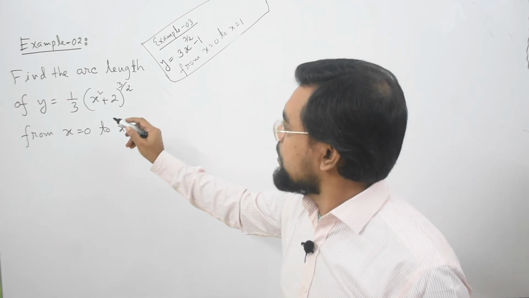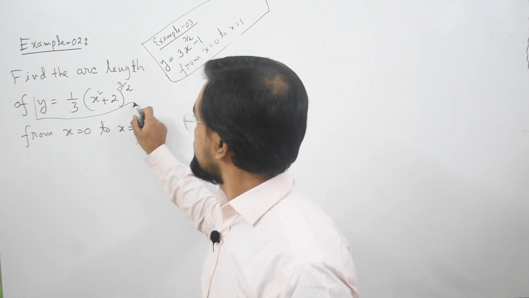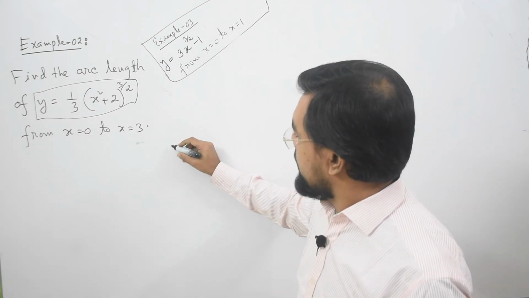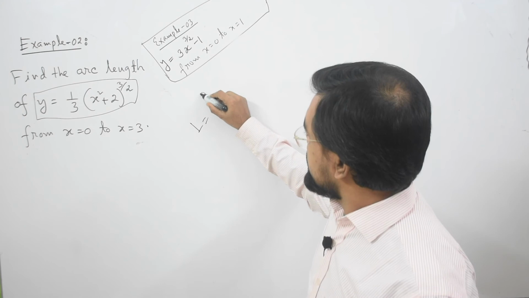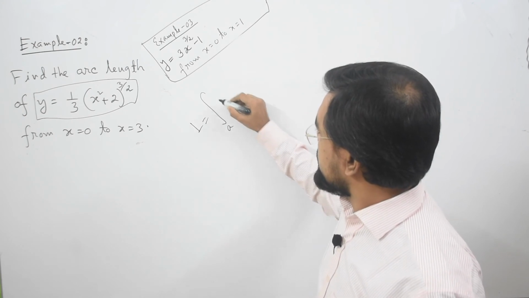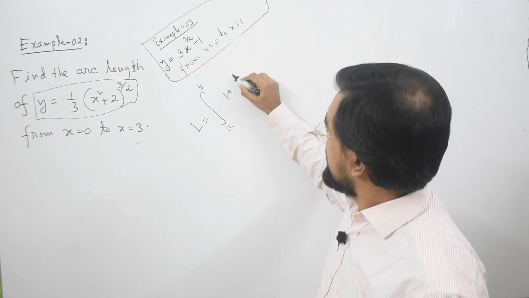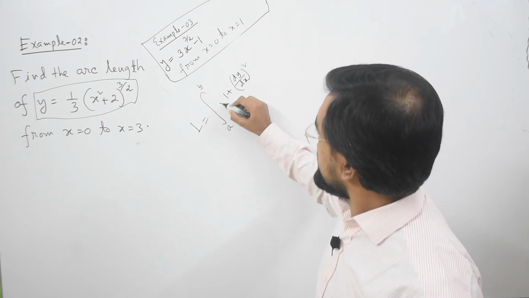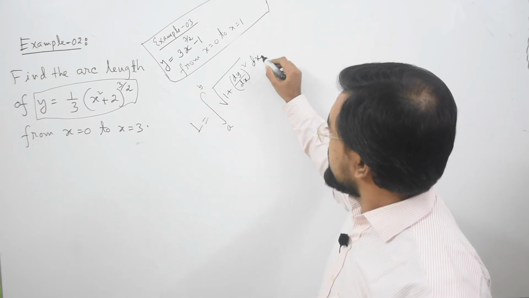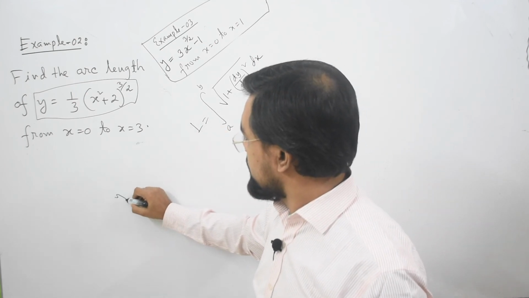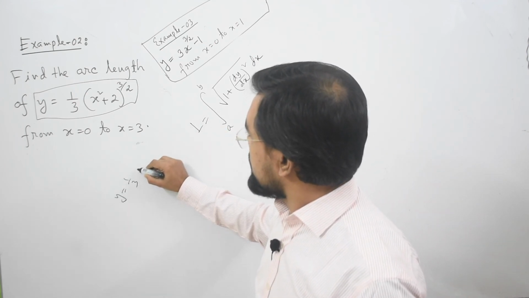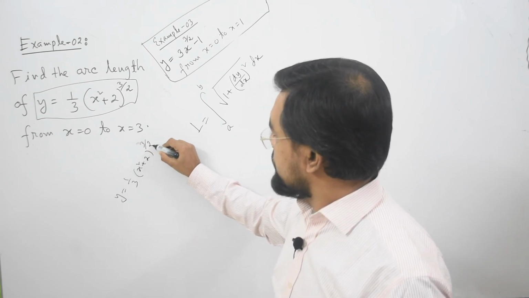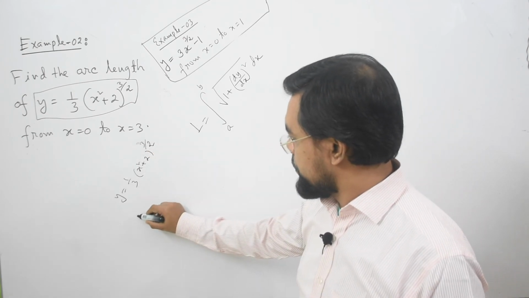So now let us try to solve example 2. We need to calculate the arc length of this curve from x equal to 0 to x equal to 3. So our arc length formula is this one, integral from a to b of square root of 1 plus dy dx whole square dx, and we are given y equal to 1/3 x square plus 2 whole to the power 3 by 2.